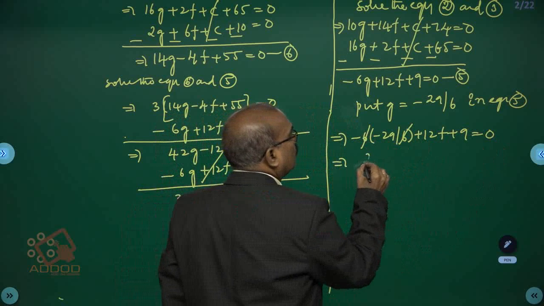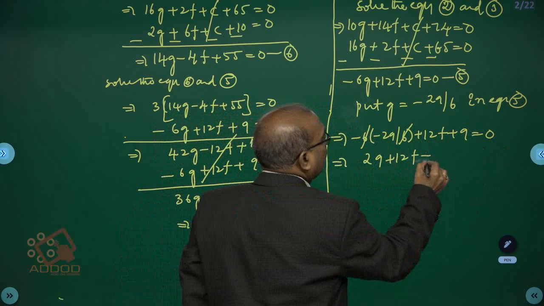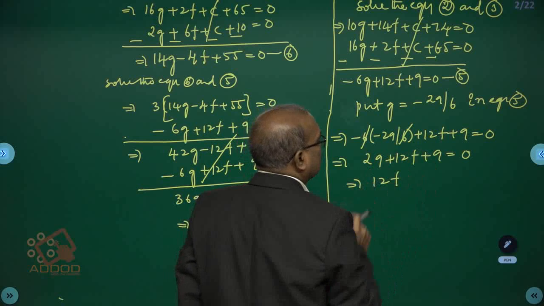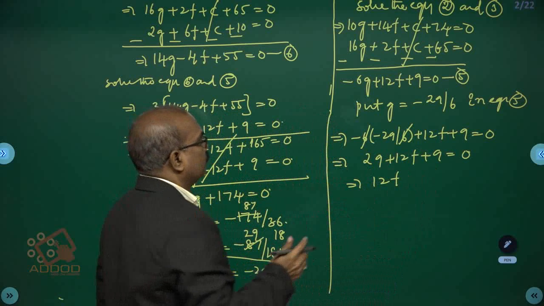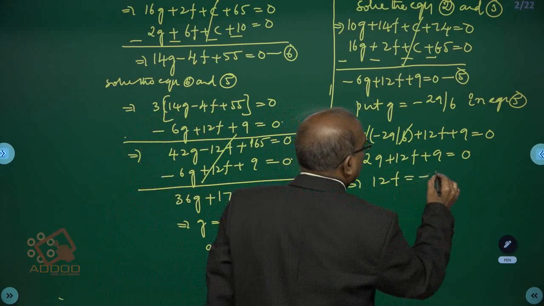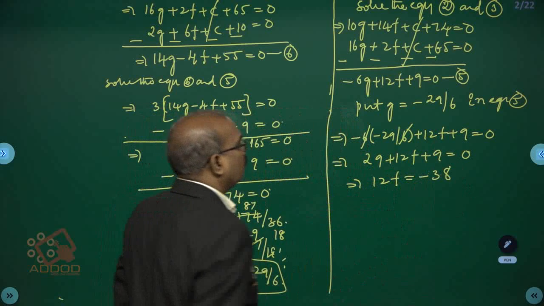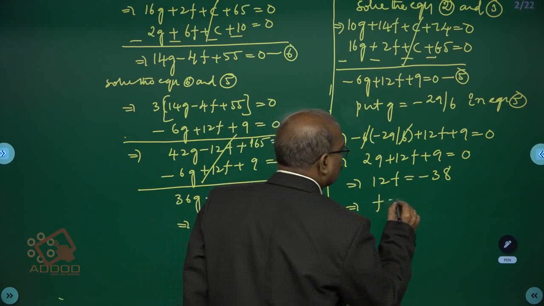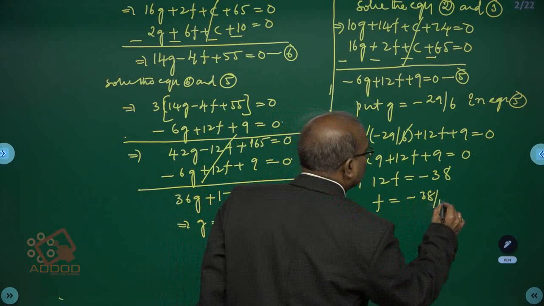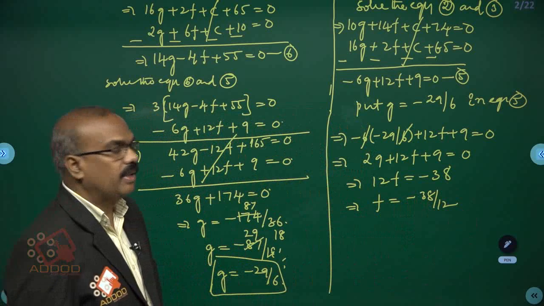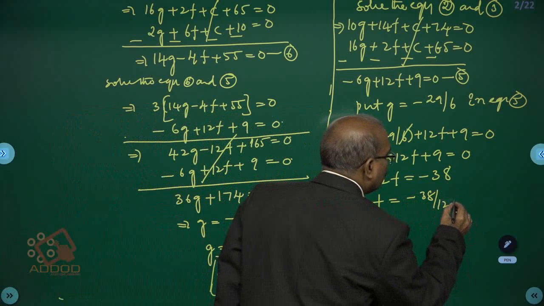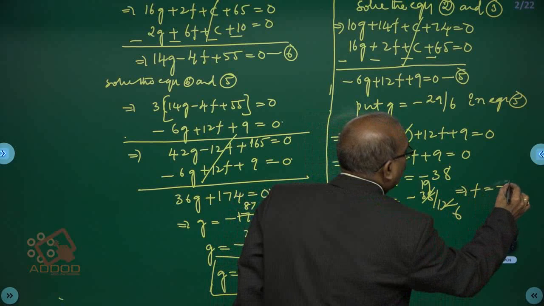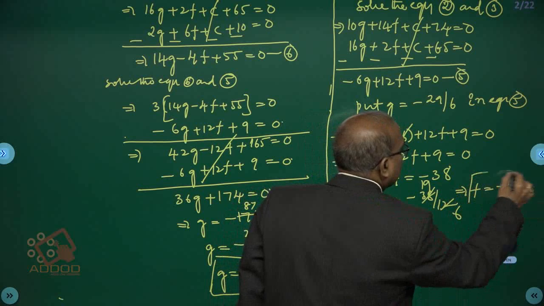So that is 29 plus 12F plus 9 is equal to 0. So that is 12F. 29 plus 9 is 38, so that is -38. So F is equal to -38/12. So that is F is equal to -19/6. This is the F value.